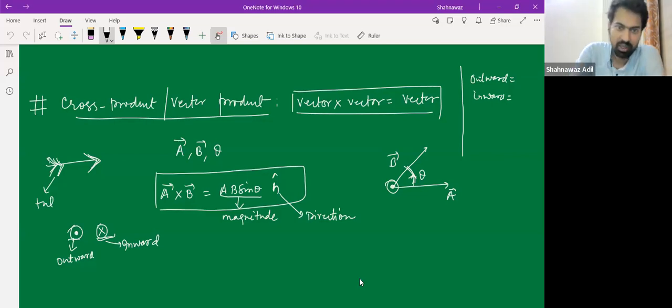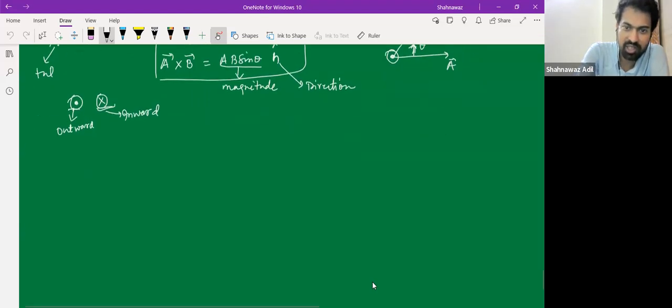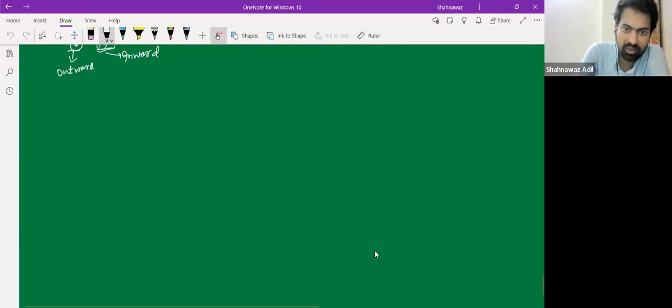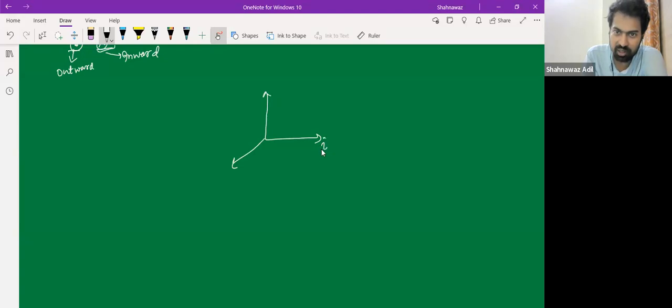Yes, sir. Now, as in the dot product, we calculated I dot I, right? So let us calculate what I cross I would be. Let me draw the diagram here, and you can imagine this diagram, right? Yes, sir.